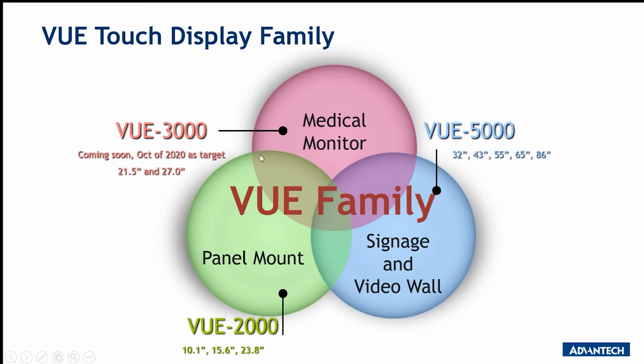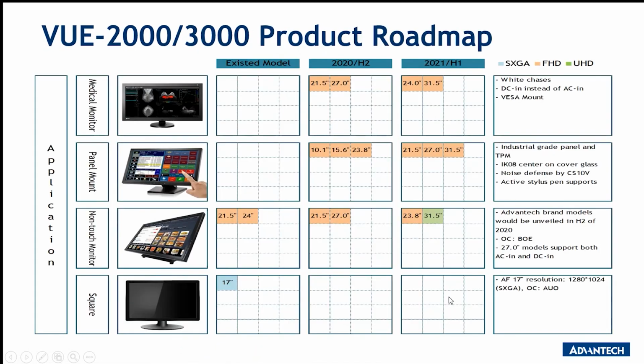For the View family, we have View 2000, 3000, and 5000. The 3000 is for medical monitors, some kind of medical grade, the 2000 is mostly for panel mounting, and the 5000 is for signage and video walls. This is the roadmap for our View 2000 and 3000. We have several sizes, from 17 inch to 31 inch.